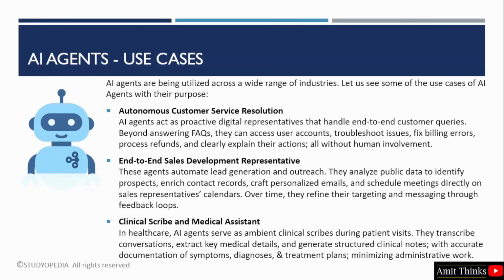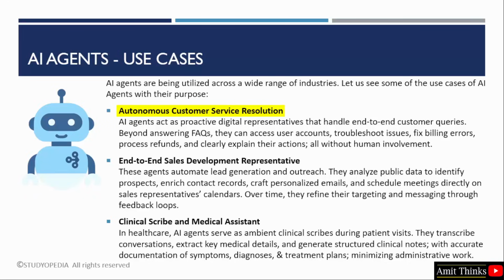AI agents are transforming industries by taking on specialized roles that streamline operations, enhance efficiency, and reduce human workload. Below are some prominent use cases and their purposes. The first one is autonomous customer service resolution. AI agents function as intelligent digital representatives managing customer queries from start to finish.